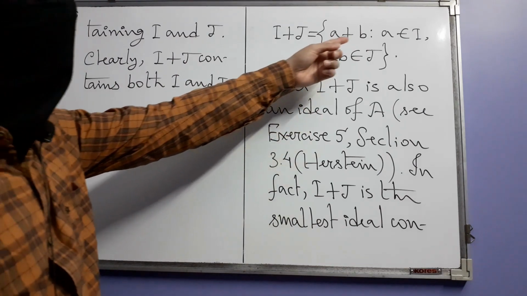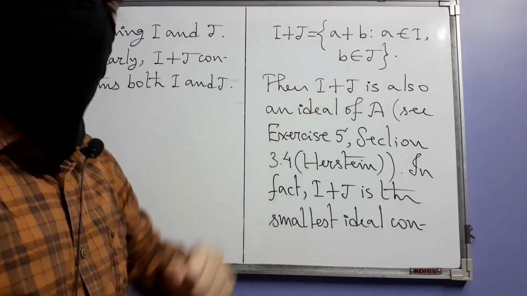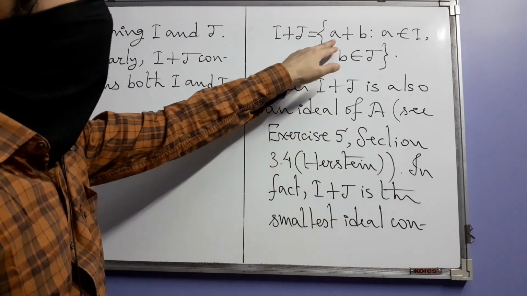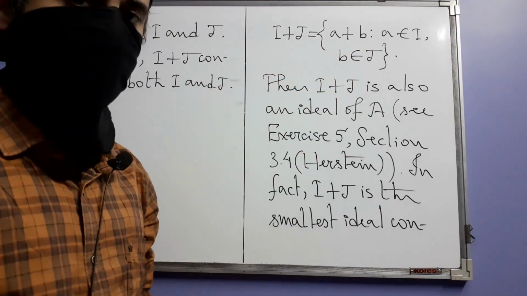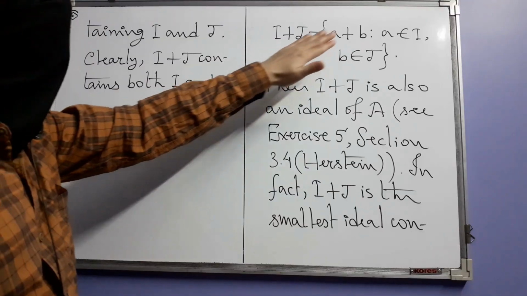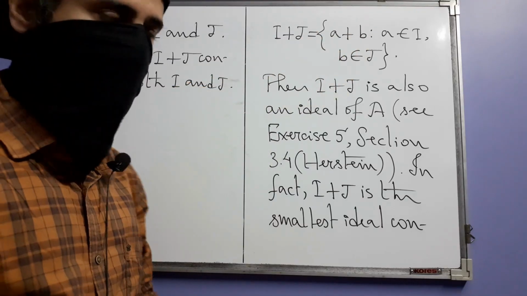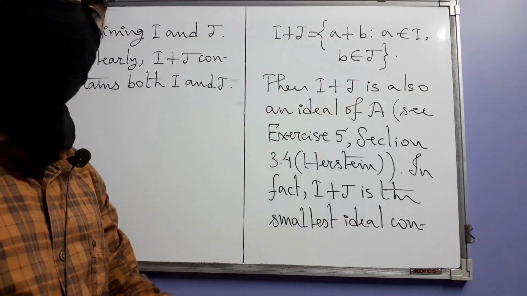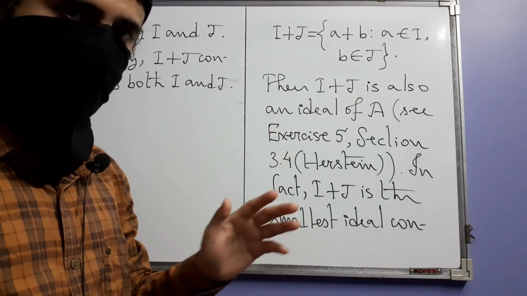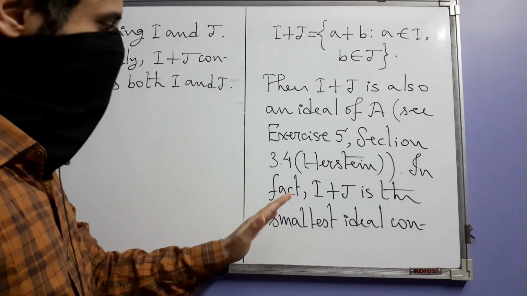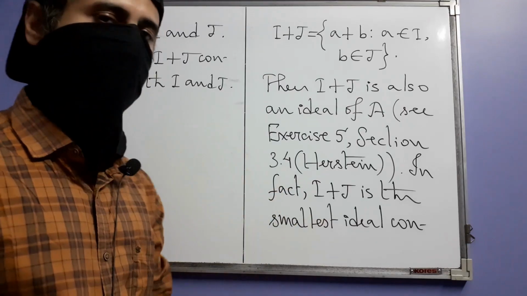You can take, for example, b equal to 0, because 0 is available in J. So in that way, you get all the elements of I as elements of I plus J, and that is why I plus J contains I as a subset. Similarly, by choosing a equal to 0, you get all the elements of J as elements in I plus J. So that way, I plus J also contains J. Fine. So I plus J is an ideal containing both I and J.